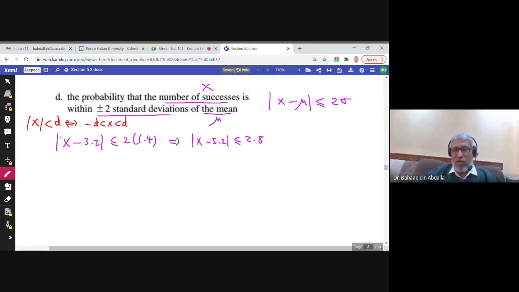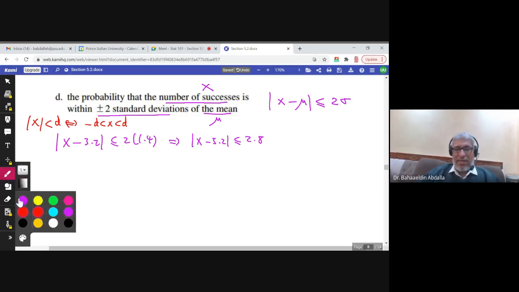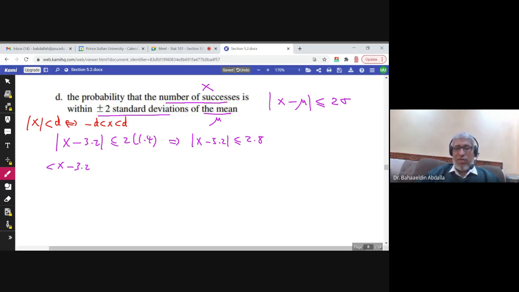So x should be between negative d and d. So here we have x minus 3.2 should be between negative 2.8 and 2.8. Now, how to solve this inequality? I have to add 3.2 to all the three sides. So if you add 3.2 minus 2.8, you get 0.4.